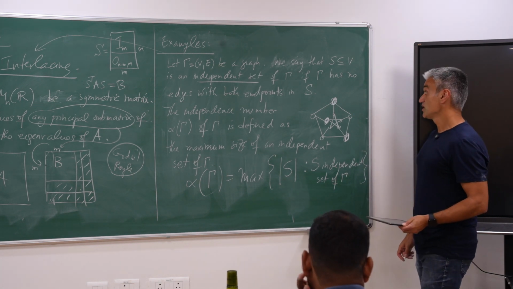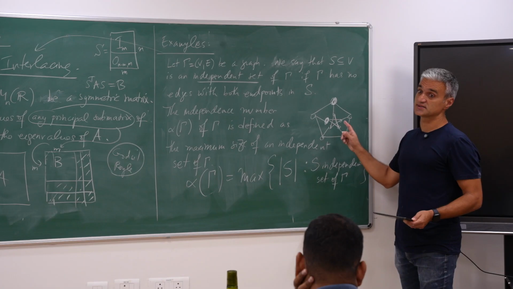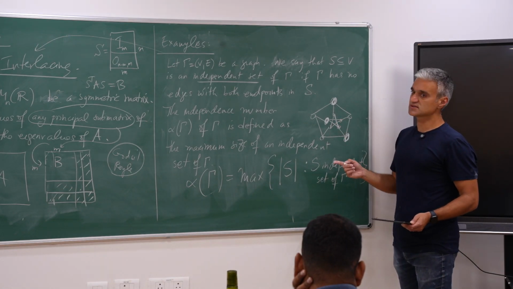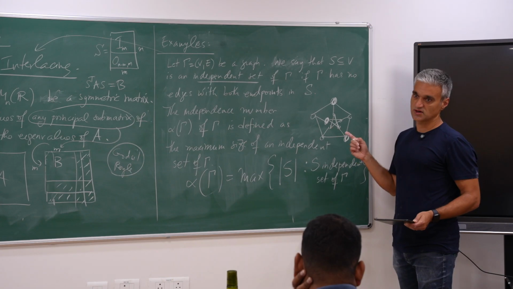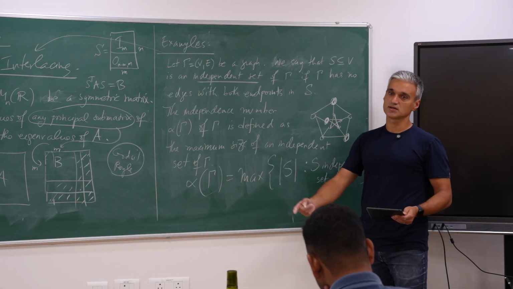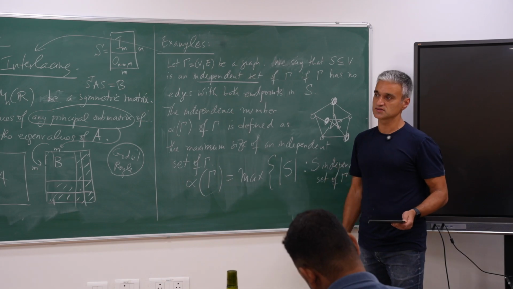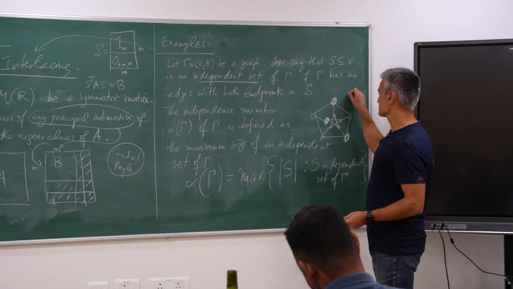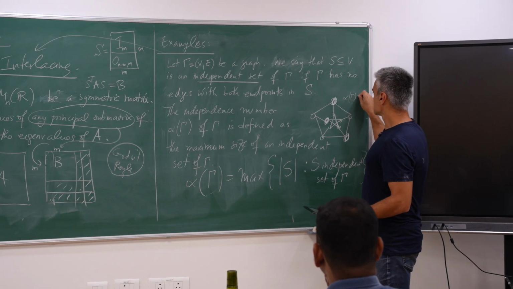Okay, so just because I gave you an independent set here, and you check that it's an independent set, this picture doesn't tell me that alpha of this graph is 3, because this is a maximum. When you give me an independent set and you verify it, you just give me a lower bound. This picture tells me that alpha of gamma is greater or equal to 3.